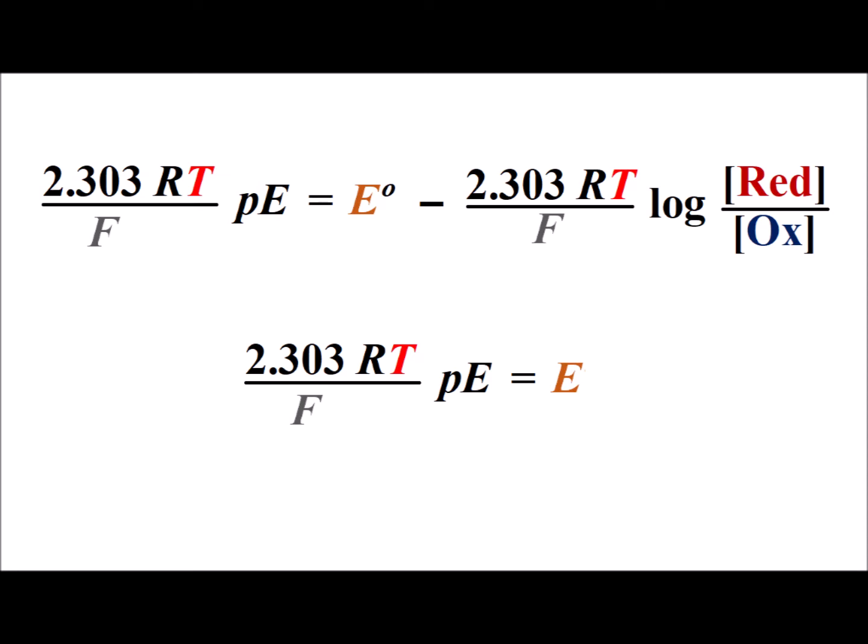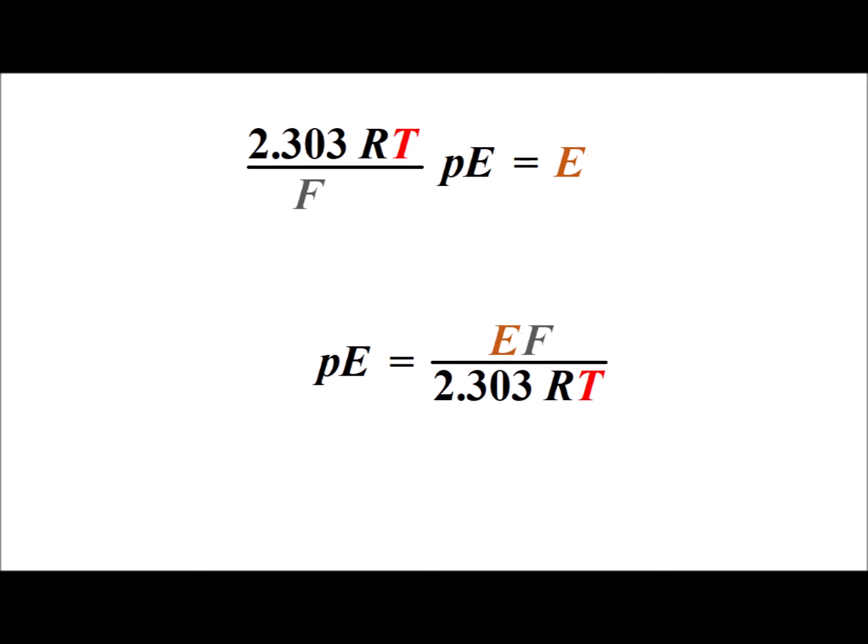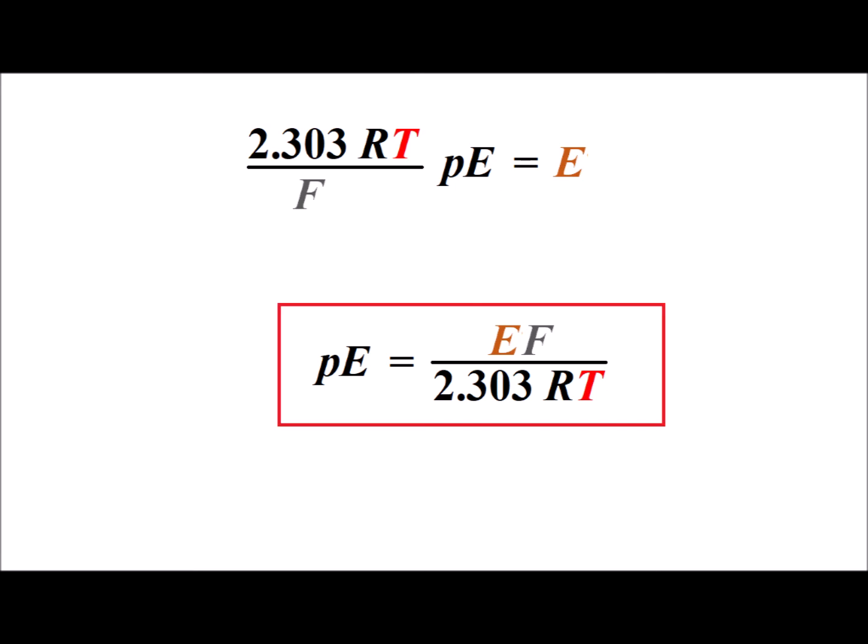So therefore, we can replace all the terms on the right-hand side simply by E. Then multiplying each side by F divided by 2.303 RT, we get the resulting expression for Pe under non-standard conditions.